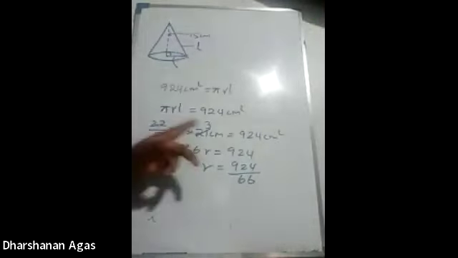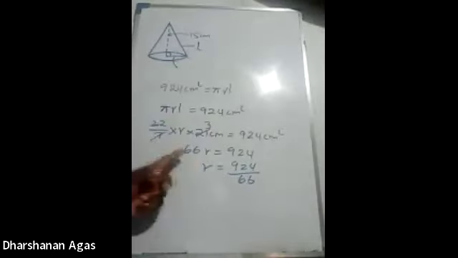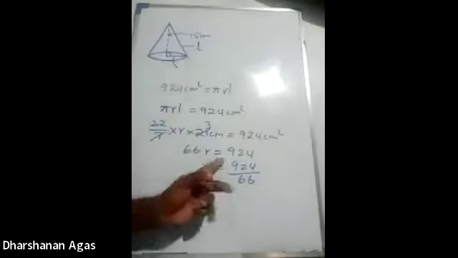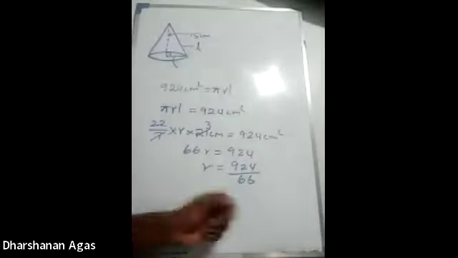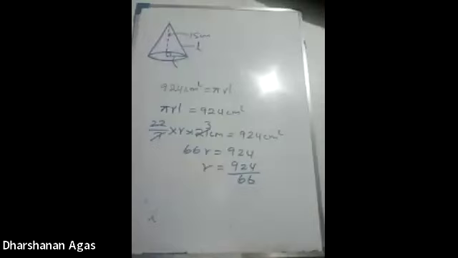Then 21 divided by 7, 3. 3 into 22, 66 r equals the curved surface 924. Taking this 66 to the other side and dividing, r equals 924 divided by 66. Write it and get the answer, and tell the answer.